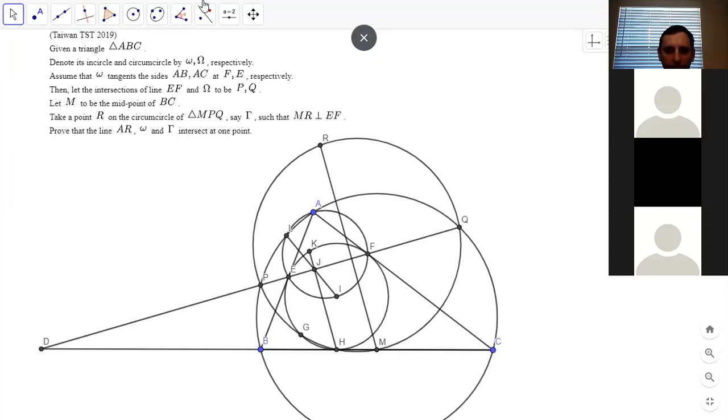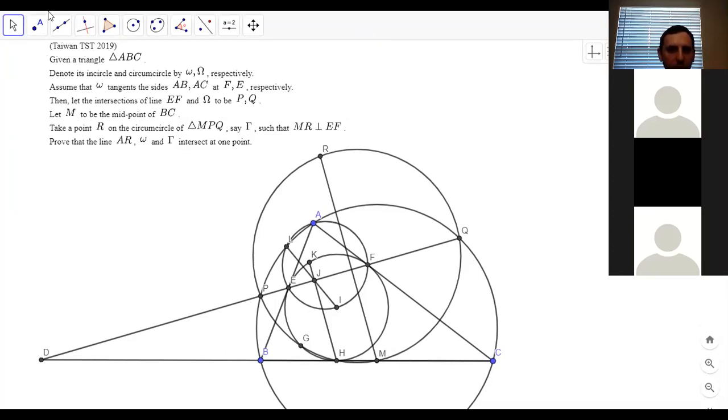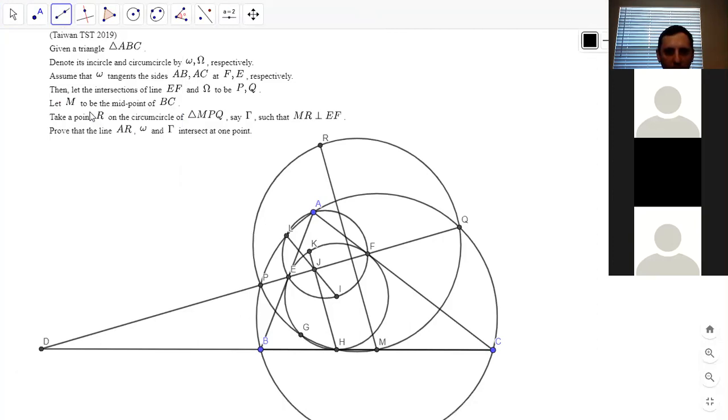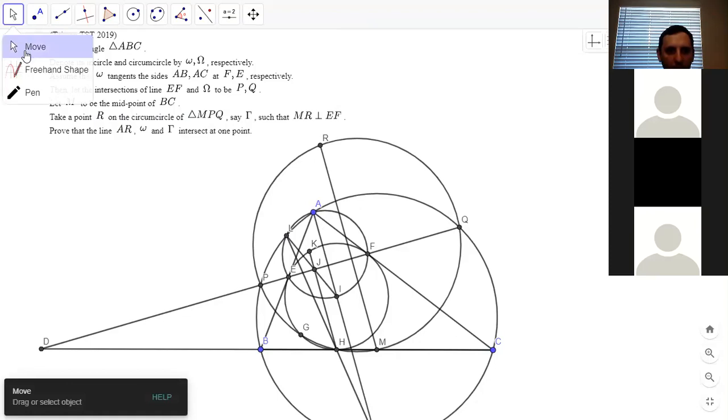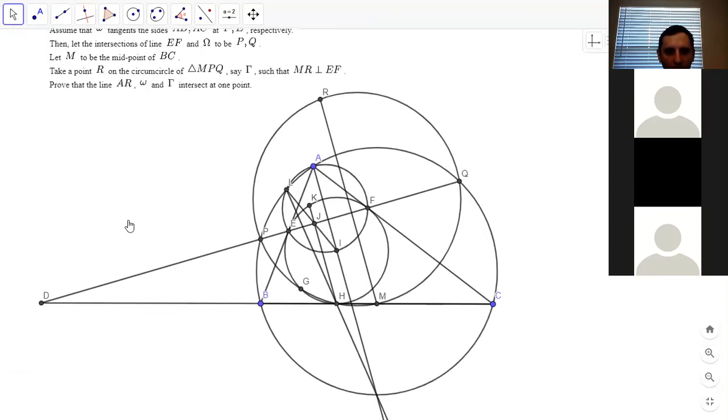Can I draw LH? Yes. So LH and AI, I think, are concurrent on the circle, right? If I remember. Yes.